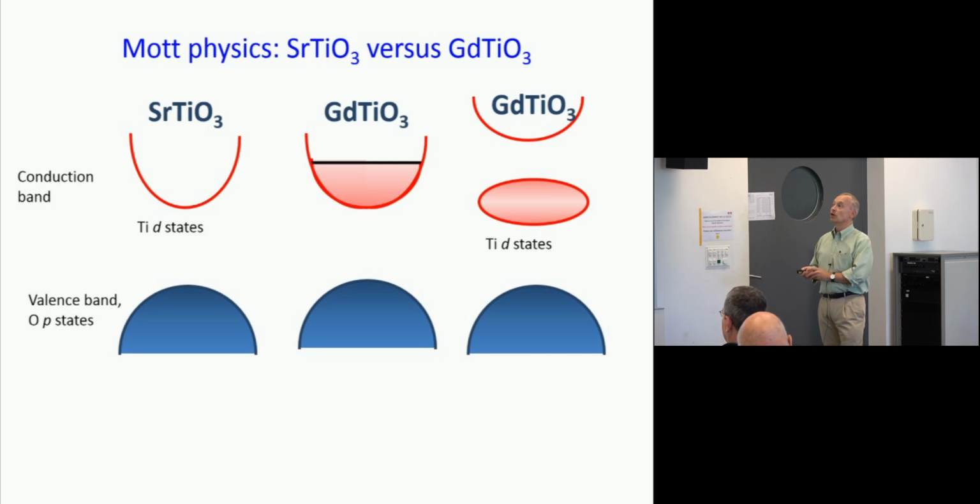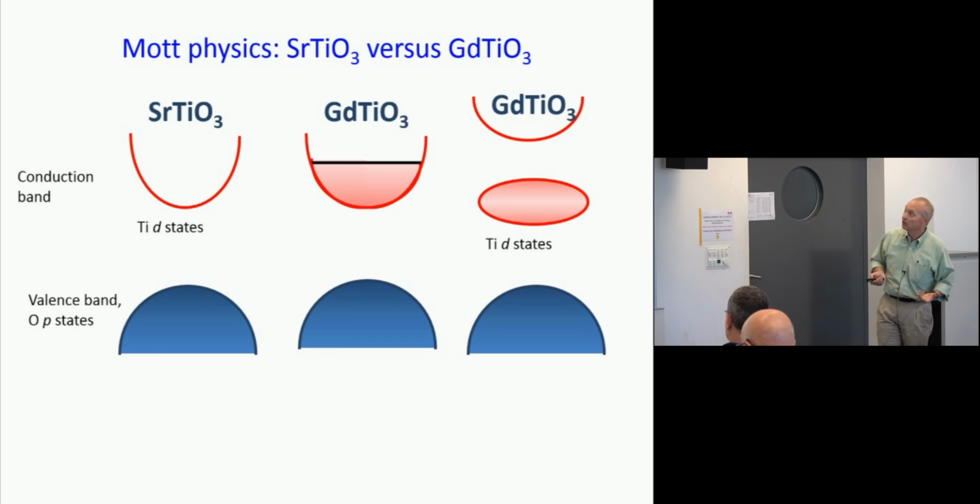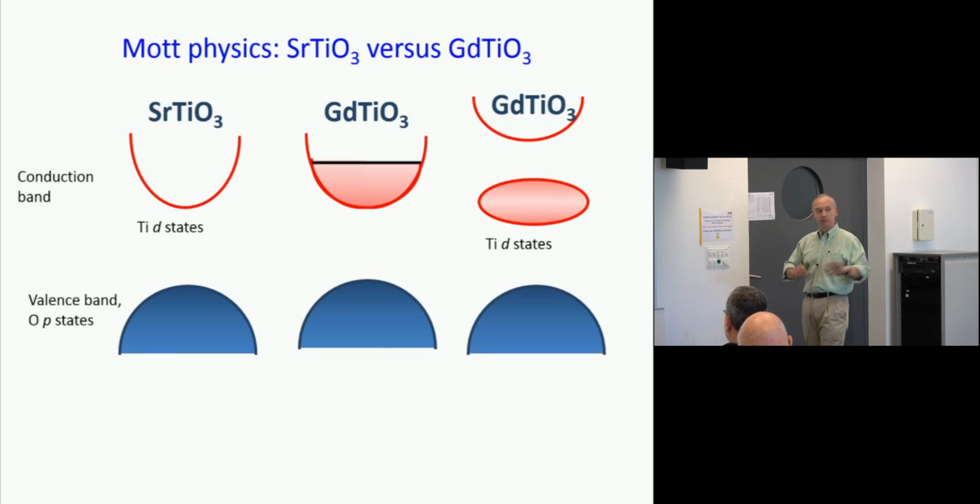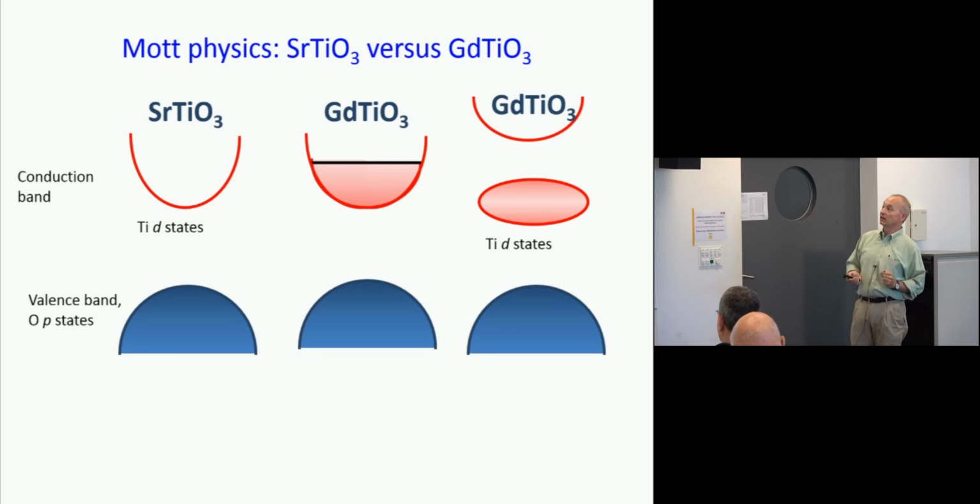Okay. So this is a Mott insulator, first described by Sir Neville Mott, to explain why a material that you would expect to be a metal, just based on electron counting, actually behaves as an insulator. Okay, so that's the material we're interested in.